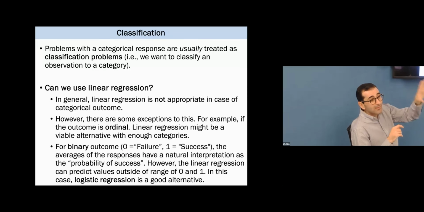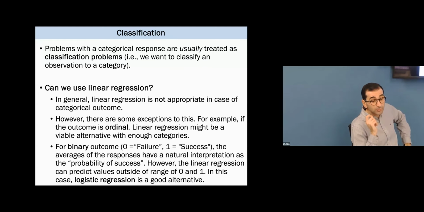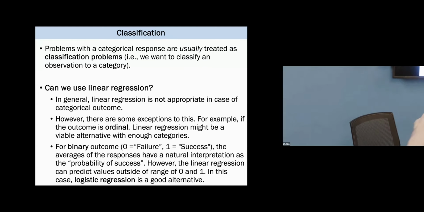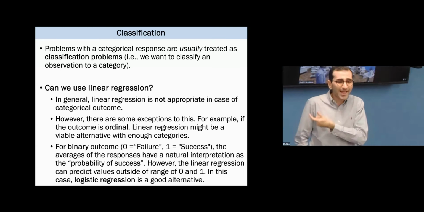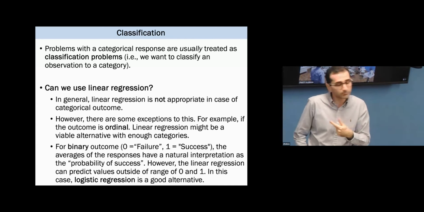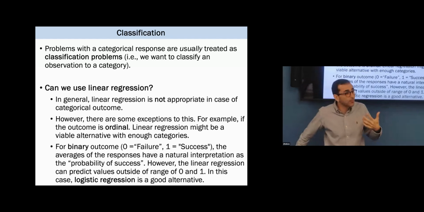Now, the problems where the response variable is a categorical variable, we're going to call them classification problems. We want to classify an observation into 1 or more categories. Okay? Now, can I use linear regression? That's the natural question that we want to ask.